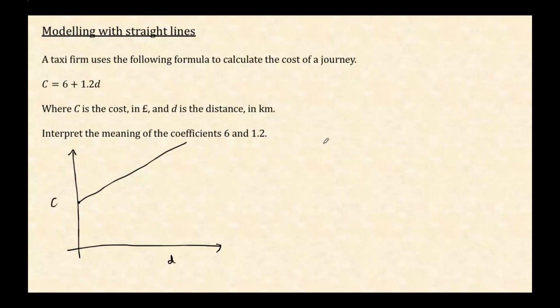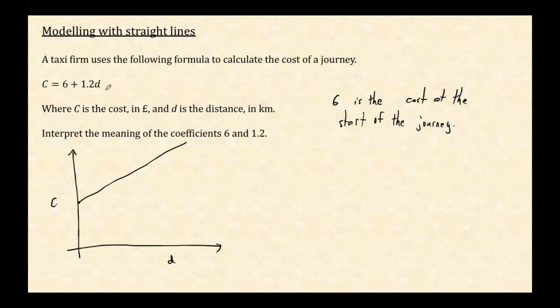So you might describe 6 as the starting cost, or sometimes we call it the fixed cost. So we could say that 6 is the cost at the start of the journey. So that's what the taxi meter starts at.